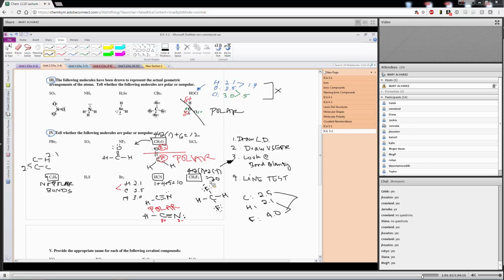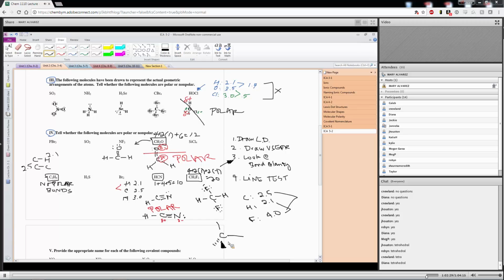Now draw the VSEPR shape. What's the shape of this going to be? Tetrahedral. Excellent. Okay, so carbon in the middle. We're going to have 2 bent in the plane, 2 outside of the plane. And here's one case where it doesn't matter where I put the hydrogen atoms and where I put the fluorine atoms, because wherever I put them, I'm just looking at the same molecule from a different perspective.